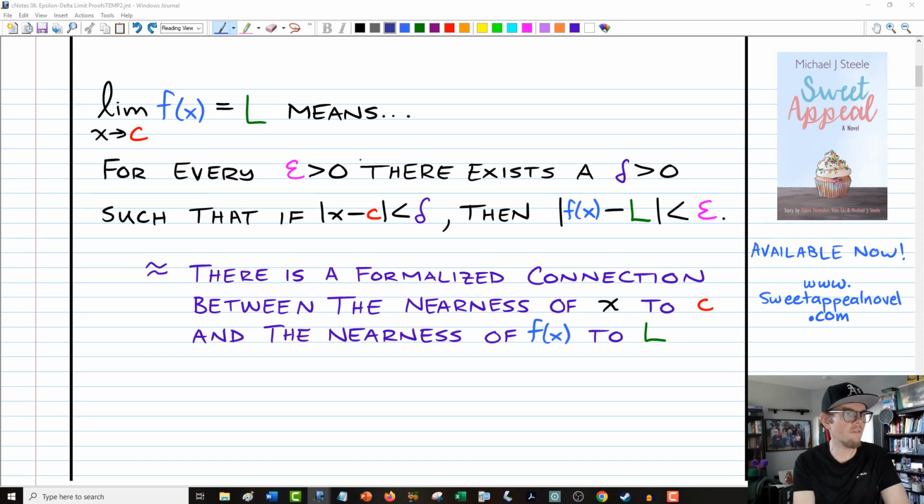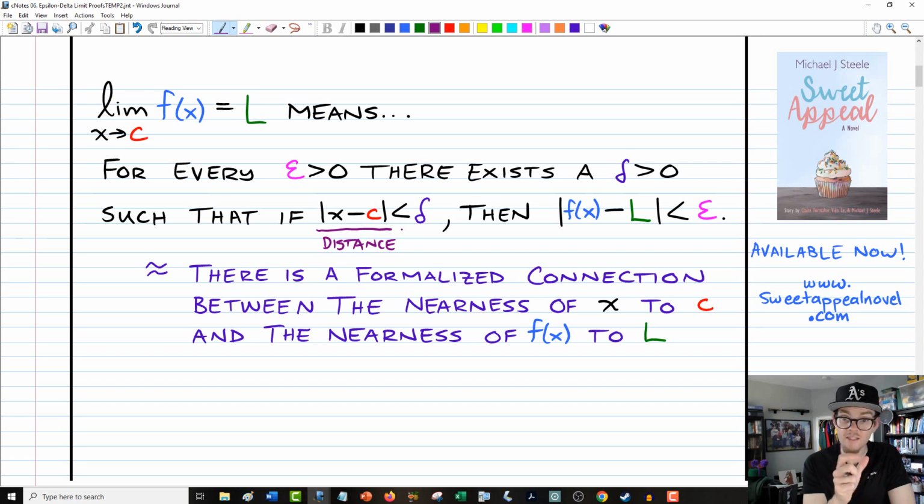Although I do want to point out that the biggest idea here that I think is worth establishing is that this represents a distance. So we're trying to restrict how far away an x value can be from that value c where we're computing the limit. And we're saying that they are a distance of delta away from c.